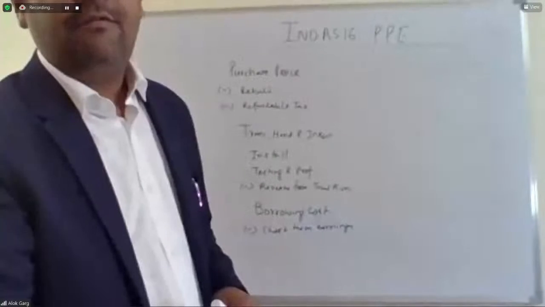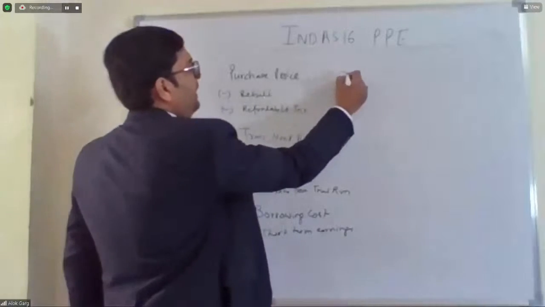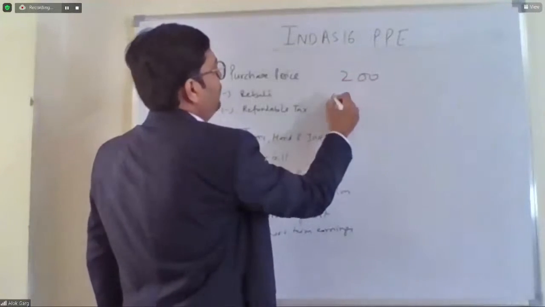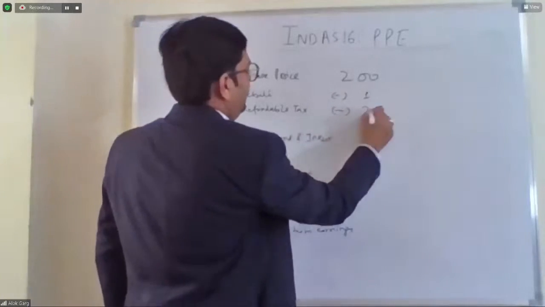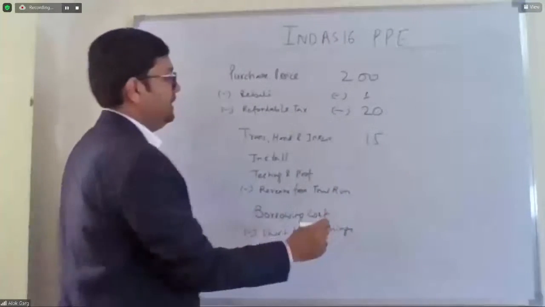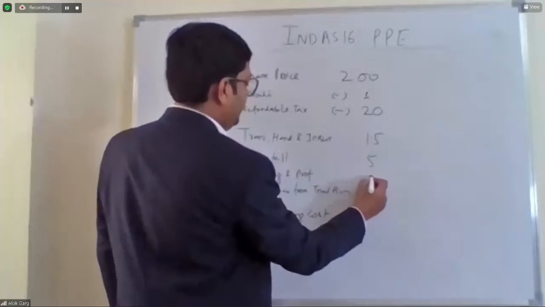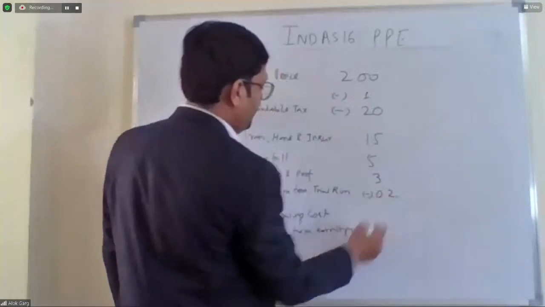It is 214.2. So purchase price is 200. Again, this rebate is going to be deducted, minus 1. This refundable tax is going to be deducted, minus 20. Transport, handling and insurance is added, 15 crores. Installation is 5 crores. Testing professional 3 crores. Minus 0.2 crore is deducted.